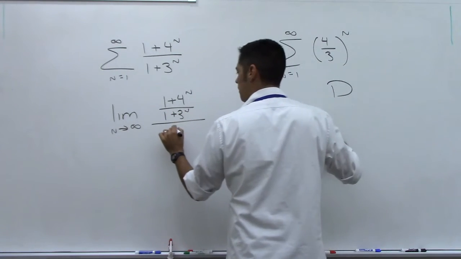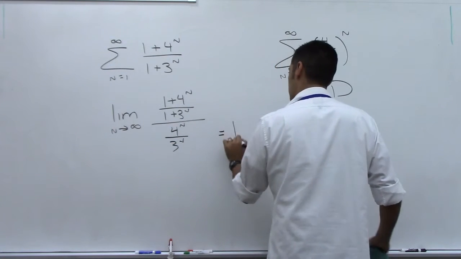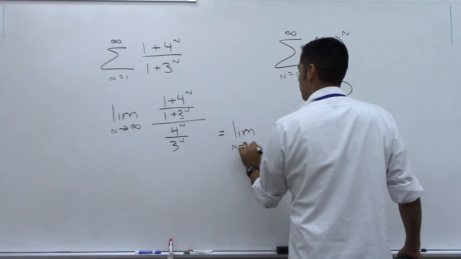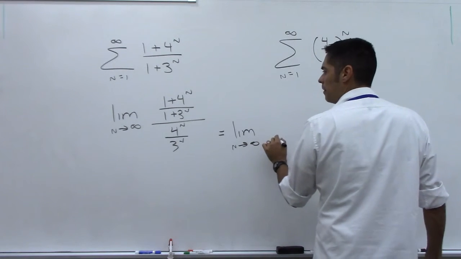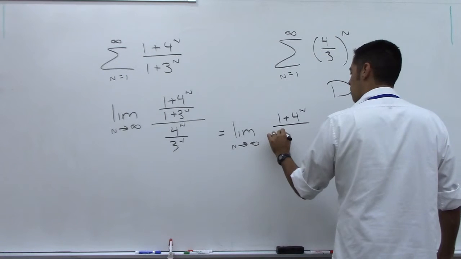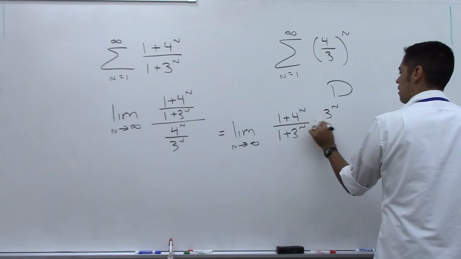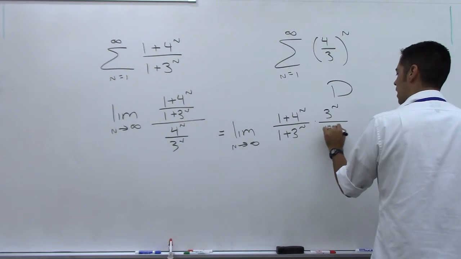over this guy. I'm going to write it this way, which is limit n goes to infinity, and when we flip, we get 1 plus 4 to the n over 1 plus 3 to the n times 3 to the n over 4 to the n.